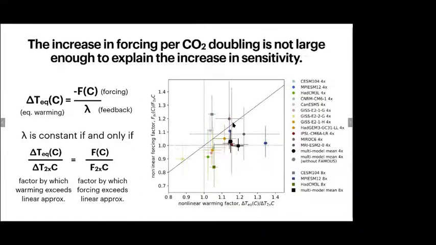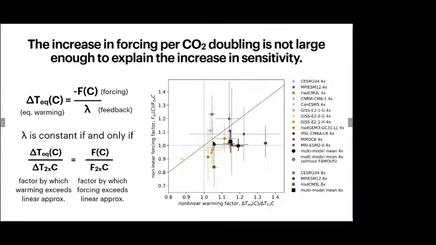That's shown in this plot. For all the models to the right of this line, they warm more than you would expect from the linear approximation. You can see that's true for almost every simulation. There are two outliers past 1.8, which are the CESM2 and the FAMOUS simulations.